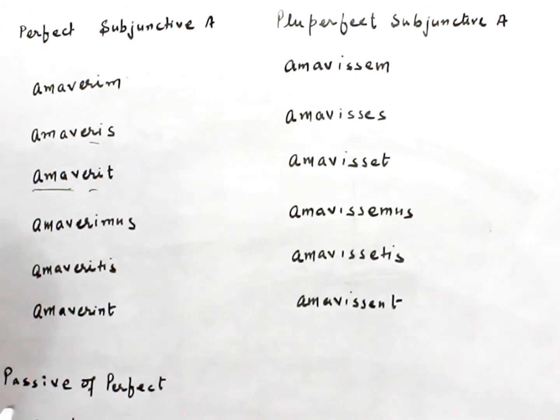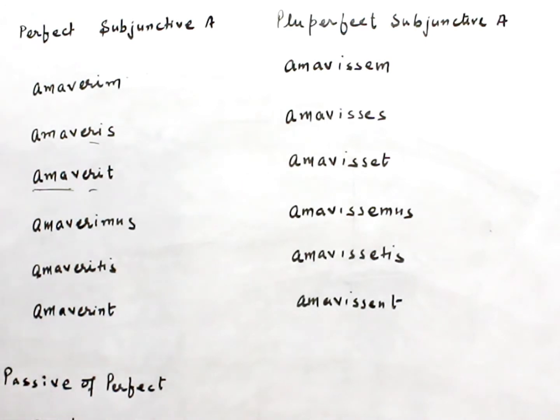I have been loved, and this becomes for female amata sum. If the female speaks that I have been loved, then amata, and for neuter this becomes amatum sum.